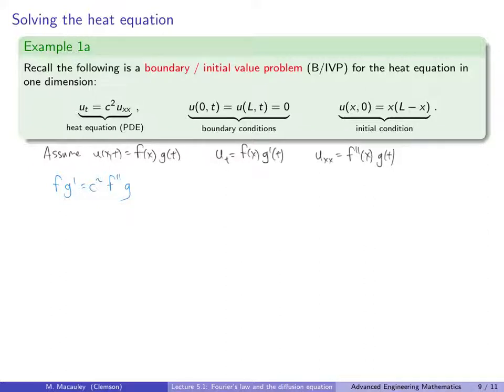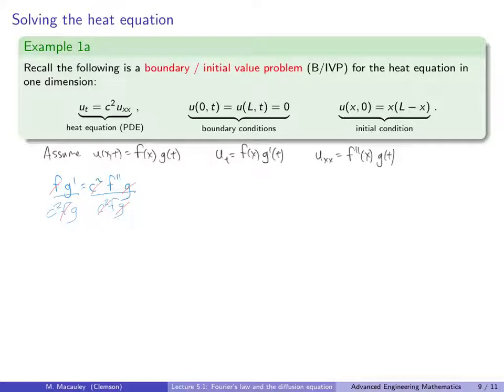Here's the best way to do that, is what I mean. Divide both sides by c squared f g. So remember that, c squared f g. If you do that, then on the left-hand side, the f's will cancel. And on the right-hand side, the g's and the c squareds will cancel.